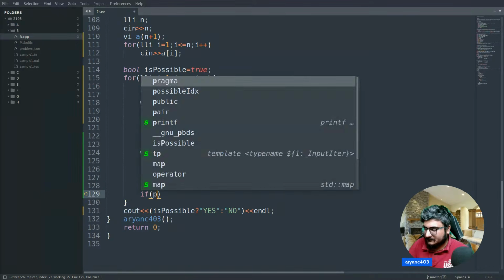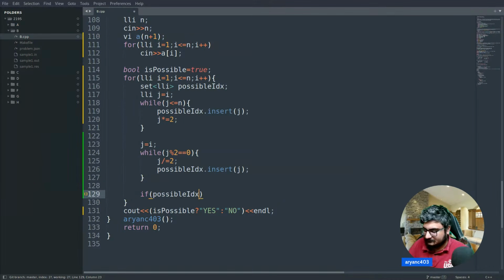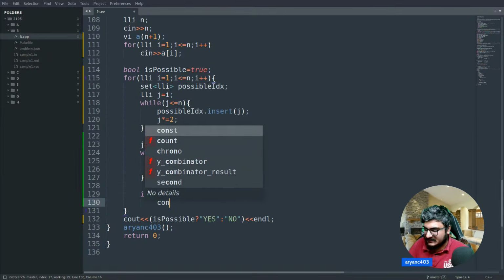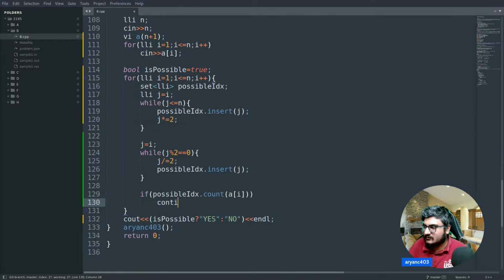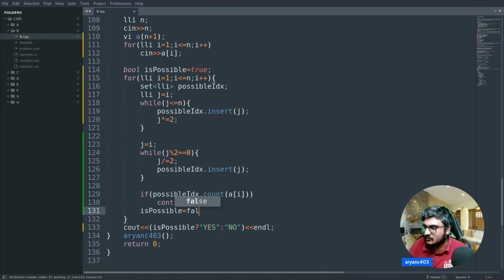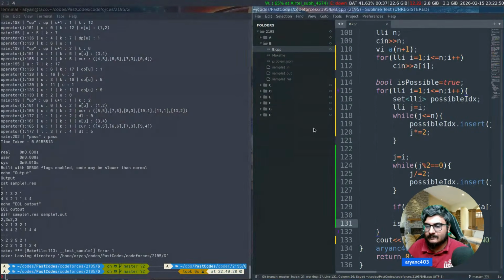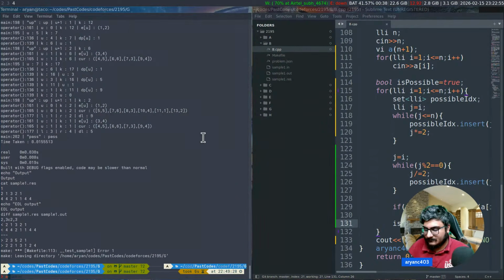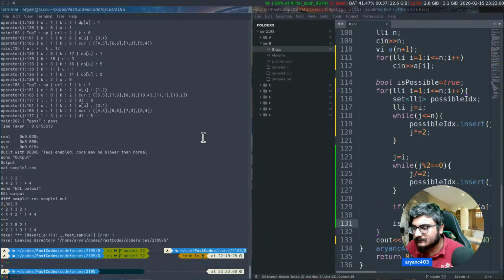If AI is present in this set, then it would be possible to move it to the right place. Otherwise, is possible equals false. So I think this was the whole idea for this problem.